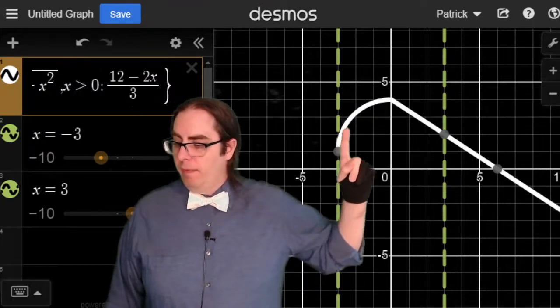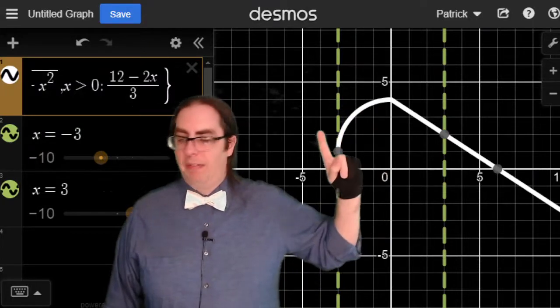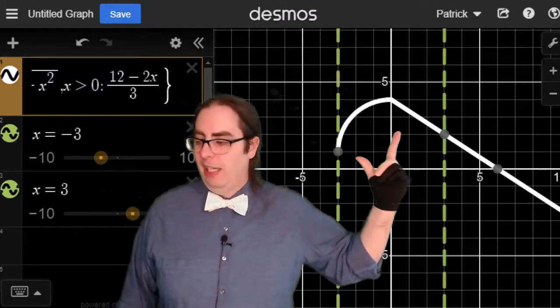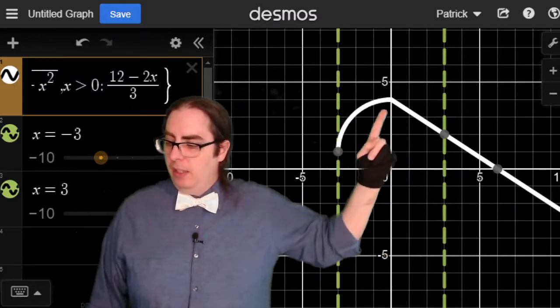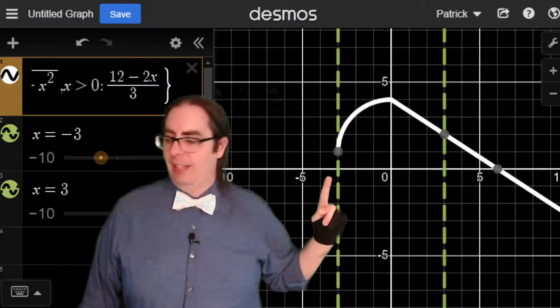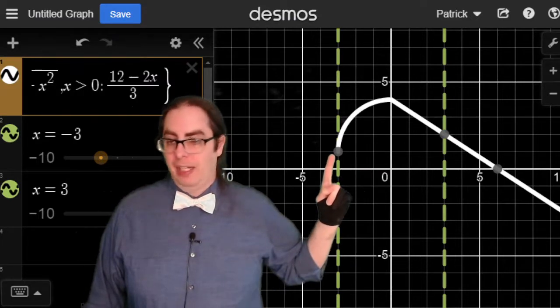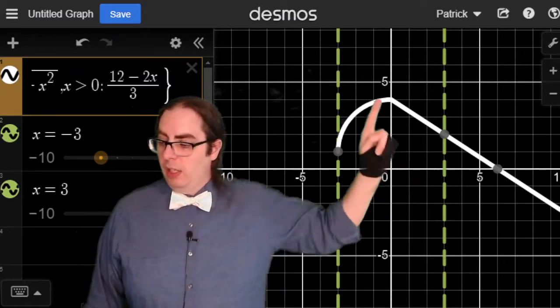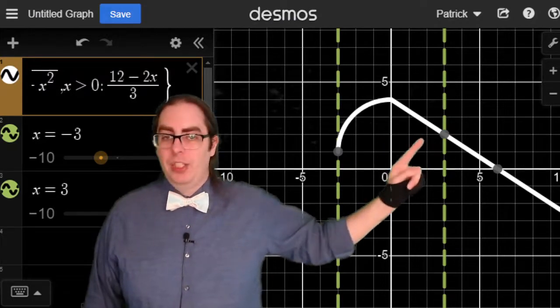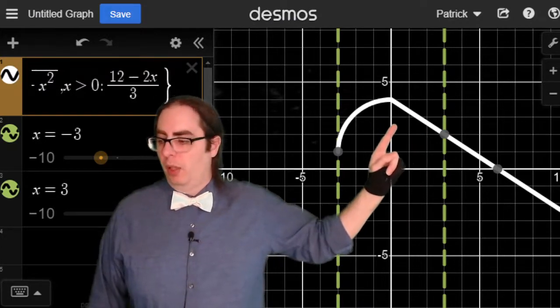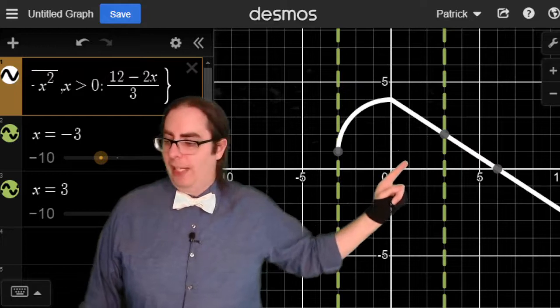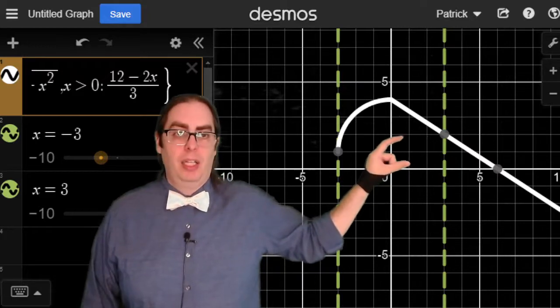Over here, I've got half of a semicircle, a quarter circle, I guess, but it doesn't come all the way down to the x-axis. It stops a little bit higher. Over here, I've got this wedge-shaped piece, which is going to be a triangle, but again, it doesn't come all the way down to the x-axis. It stops a little bit higher.